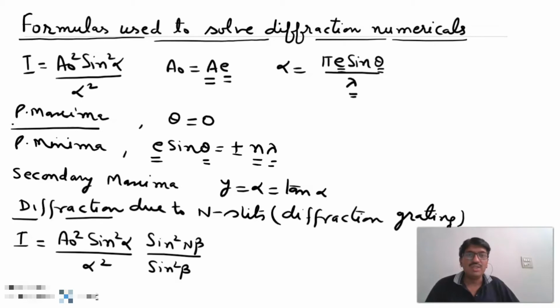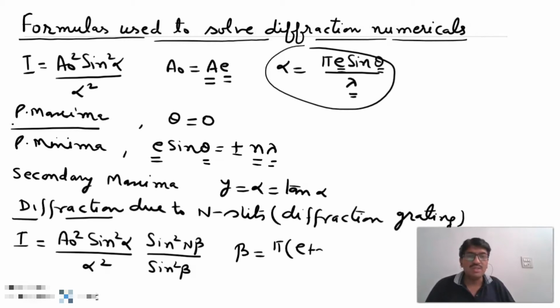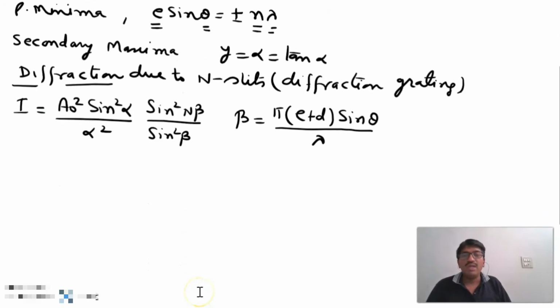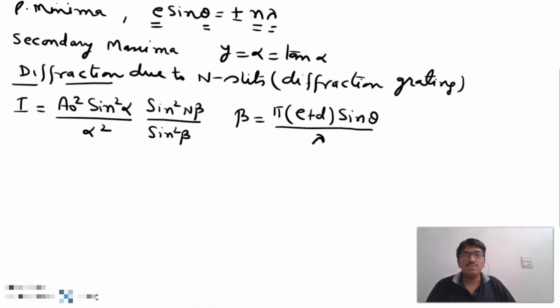we have already discussed, is pi e sine theta upon lambda, and beta is equal to pi (e plus d) sine theta upon lambda. This is beta, and when this intensity is distributed, again principal maxima.